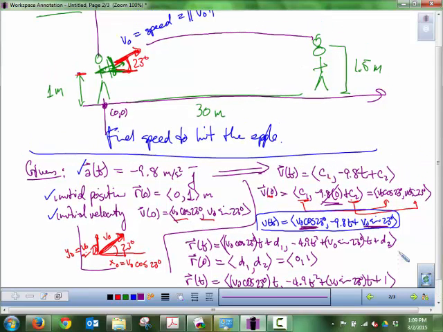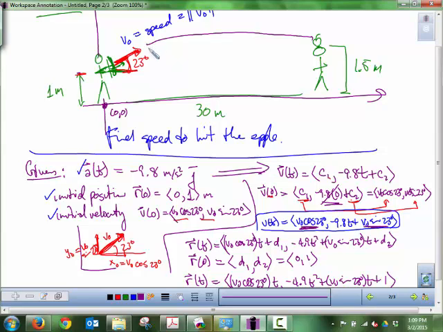Now, somehow we need to find v naught, because that's what we're solving for. Where do we want the position of this projectile to be at some point? We want to figure out when this is going to be 1.5 meters in the j direction and 30 in the i direction.